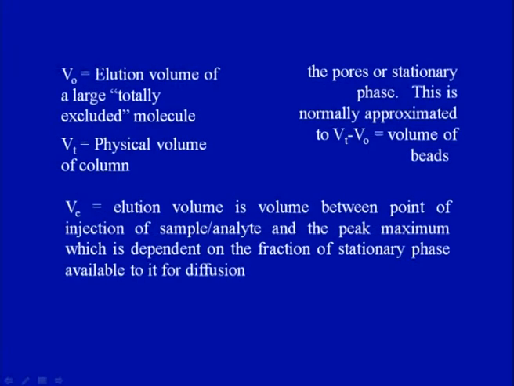There is another term called elution volume, which is the volume between the point of injection of the sample analyte at the top of the column and the peak maximum, which is dependent on the fraction of stationary phase available to the analyte for diffusion. So, elution volume is the volume required for eluting the particular analyte, starting from the point where you inject the sample to the point where a peak appears, or that analyte is eluted.